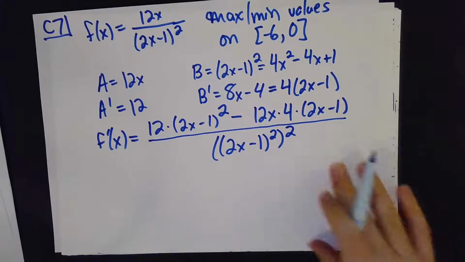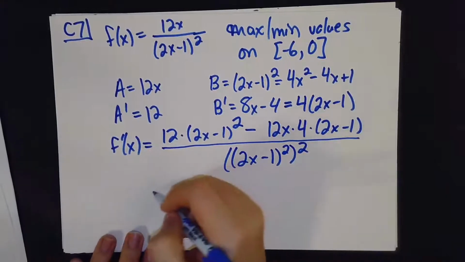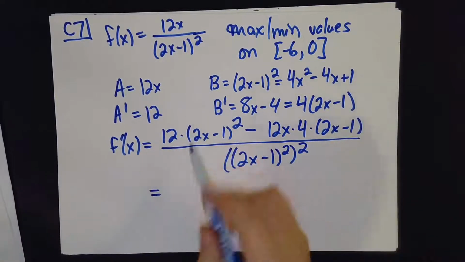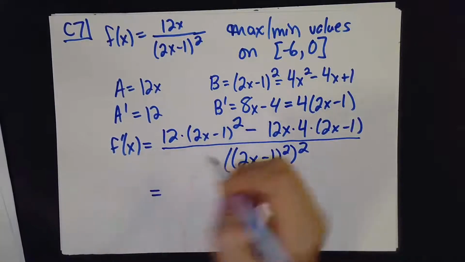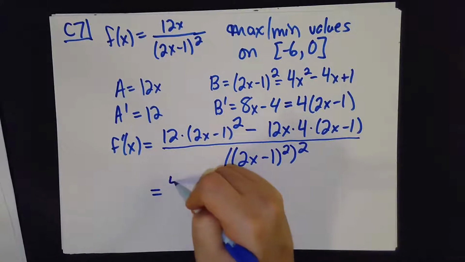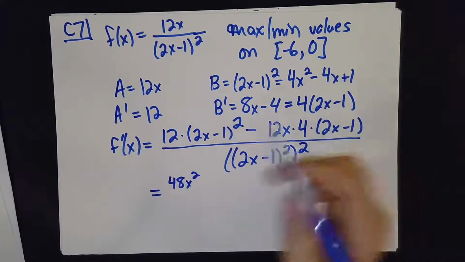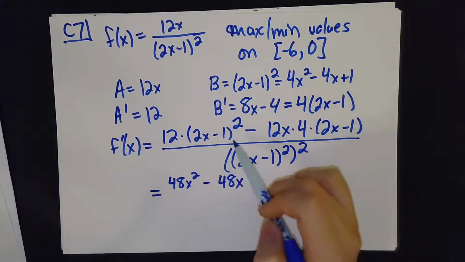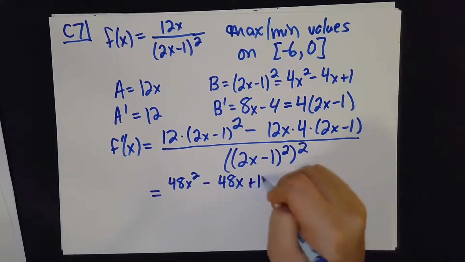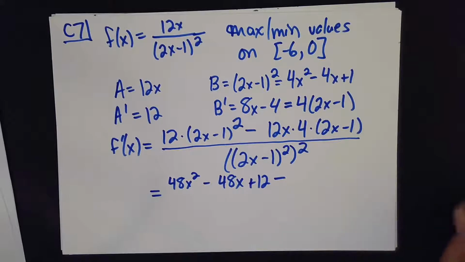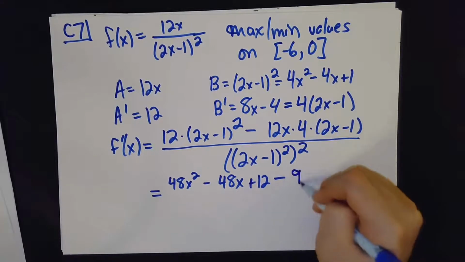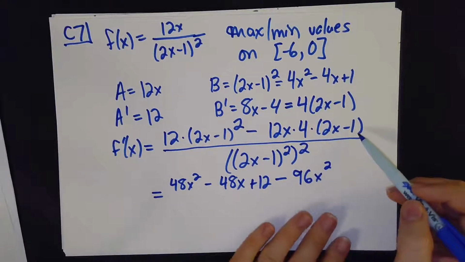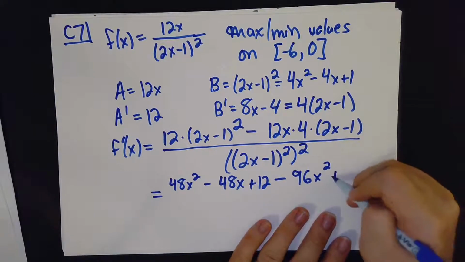Okay, so if I write this out, this is going to be 12 times this, so this will be 48x squared minus 48x plus 12, minus, and then this will be 96x squared plus 48x.